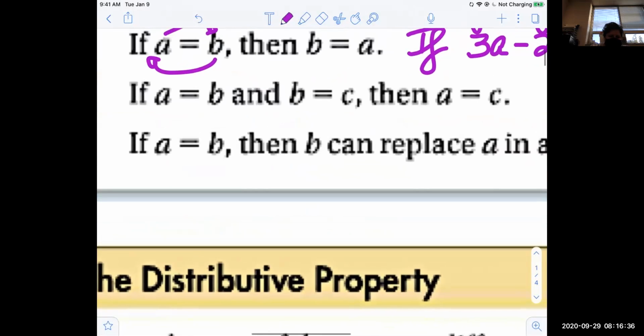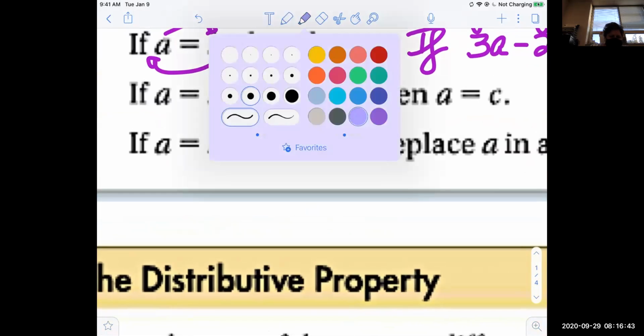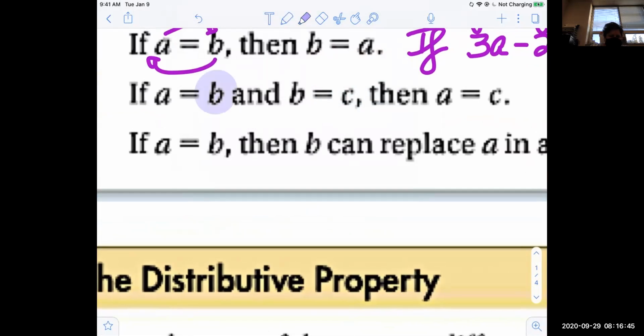If A equals B and B equals C, then A equals C. Because a whole side of the equation here matches a whole side of the equation there, we can cancel those and relate the first and the third. That's kind of how syllogism was. If P implies Q and Q implies R, then P implies R.